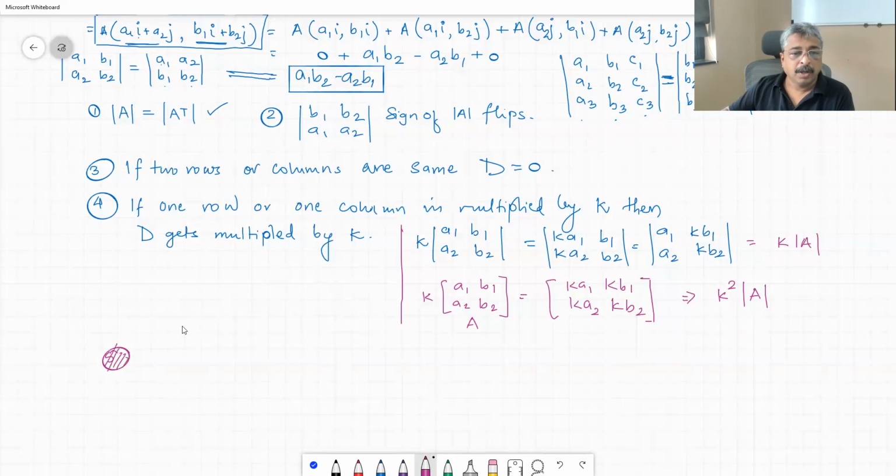We will use it. And moreover, for keeping the two systems equivalent, we already know the row reduction of matrices. We kept two systems equivalent by changing the numbers in that matrix.